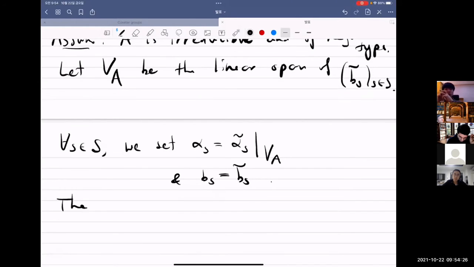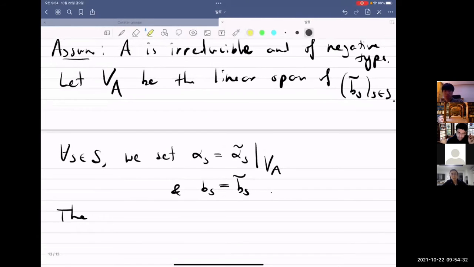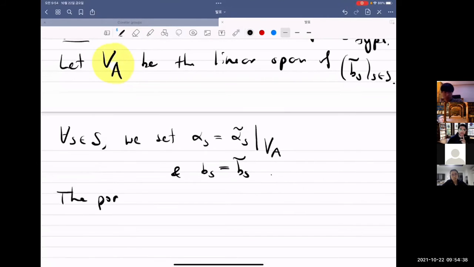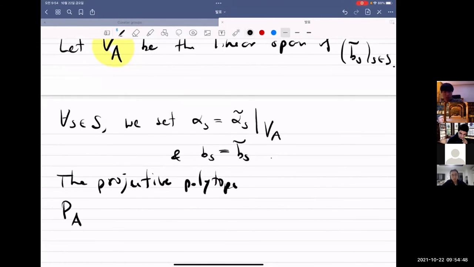But then the previous Cox simplex, right? If I take the subspace VA, then we have a projective polytope PA.